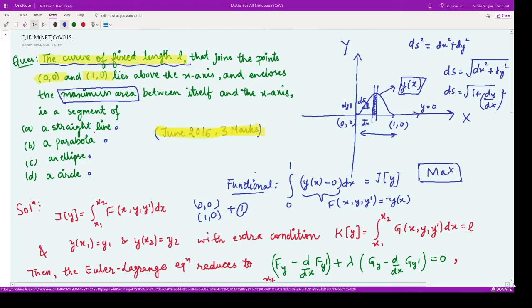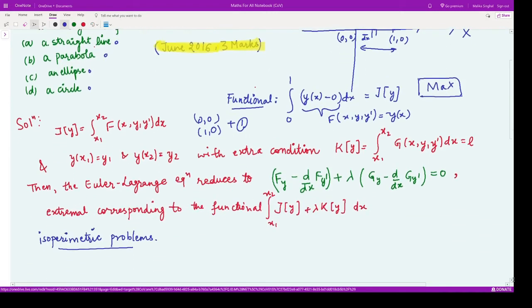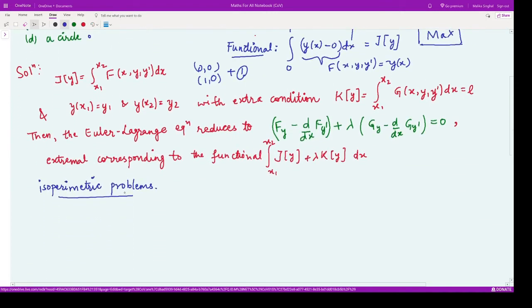The parameter in our case would simply be the sum of all such elements. So the extra condition, let me call this another functional K[y], is the integral of ds from the point 0 to the point 1, that is, the integral from 0 to 1 of the square root of 1 plus y' squared dx. This would be our extra condition.